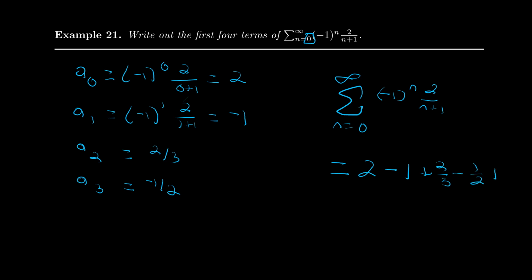And then anytime we're ever going to write a dot dot dot, whether we know the next term is going to be positive or negative, we just write plus as convention. That is, if we had stopped writing the series here and we just hadn't written that a sub 3 term, we would still write plus dot dot dot. You don't write minus dot dot dot. That's just not convention. You always write plus dot dot dot. Just keep that in mind.